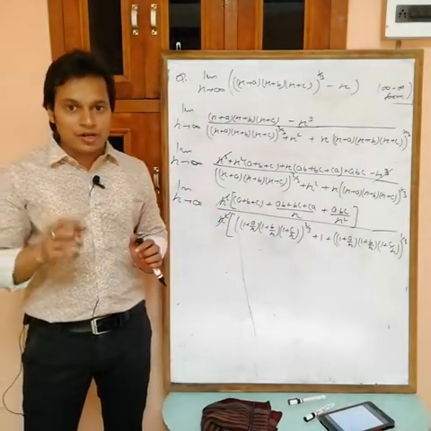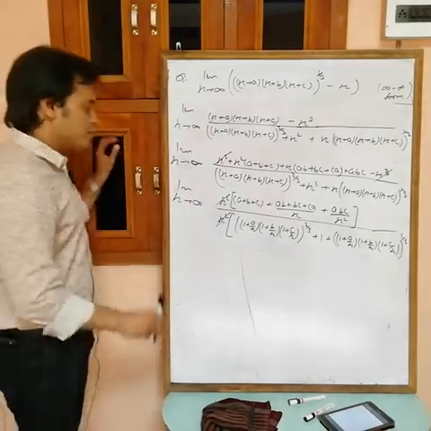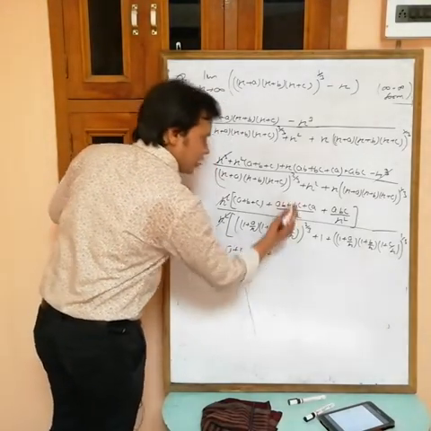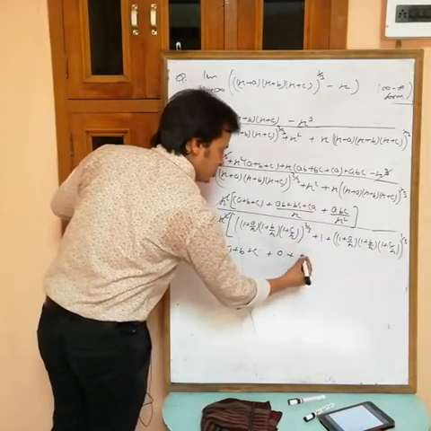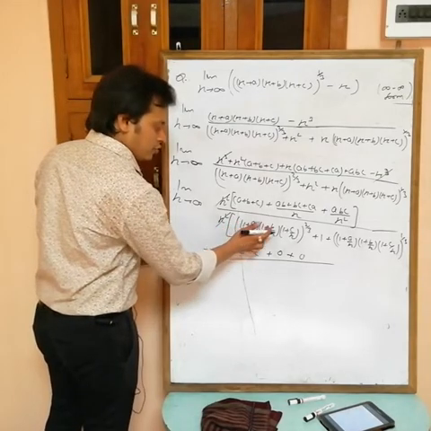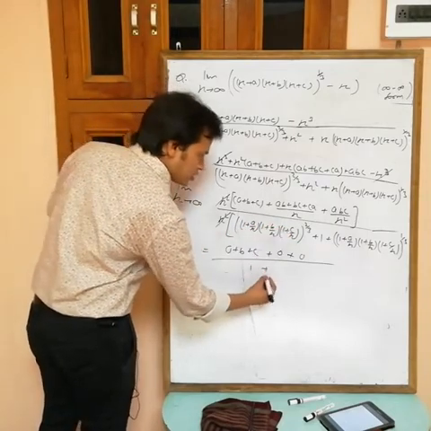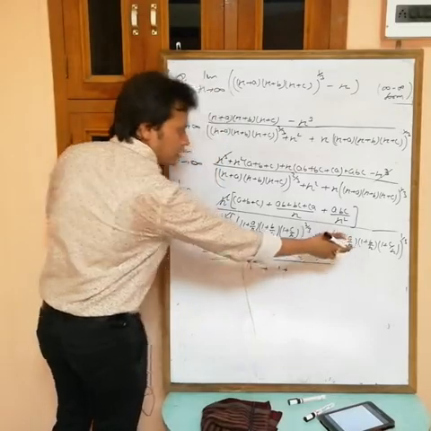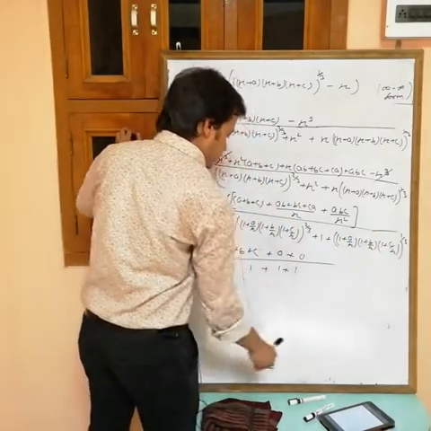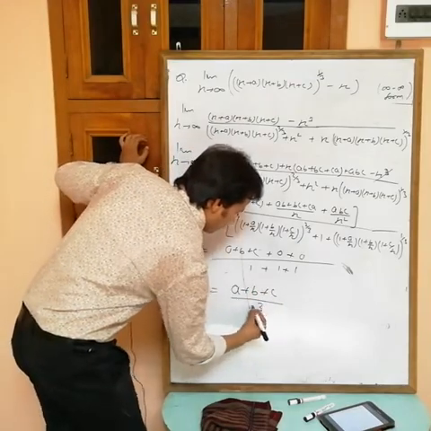If you have x in the denominator and put x equals to infinity, then anything by infinity becomes 0, no problem. If you put x equals to infinity, a plus b plus c, and anything by infinity is 0. Here a by infinity 0, b by infinity 0, c by infinity 0, 1 into 1 into 1, 1 power 2 by 3 is 1, and here if you put x equals to infinity, this becomes 1 plus 0, 1 plus 0, 1 plus 0, again we are getting 1. So the final answer is a plus b plus c by 3.